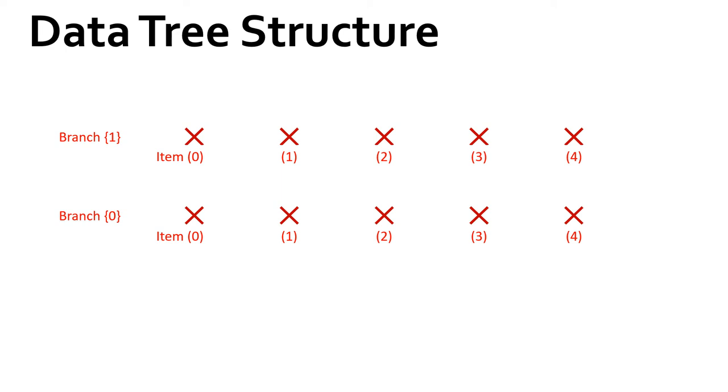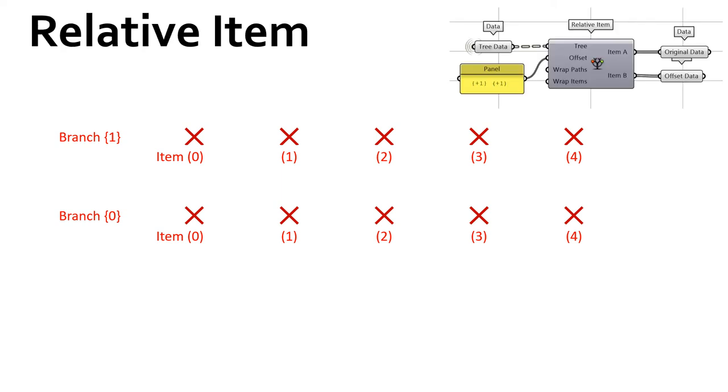Once we have a data structure in this format, we'll then use relative item, not to be confused with relative items, and use an offset mask to associate one point with an offset point.